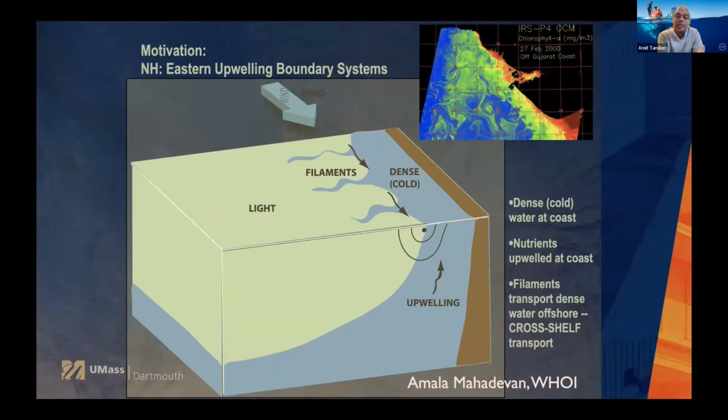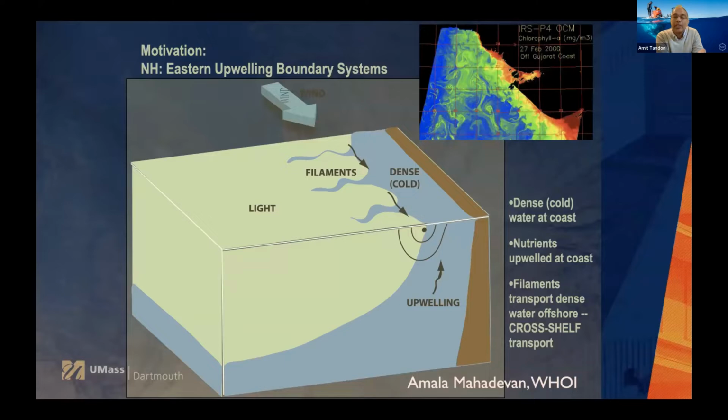And what happens is that this doesn't just come up in a uniform jet, but that jet, as you can see, breaks up, and it breaks up into eddies and filaments that you're looking at in the chlorophyll image again. This is from the ocean color monitor instrument off of Gujarat coast.